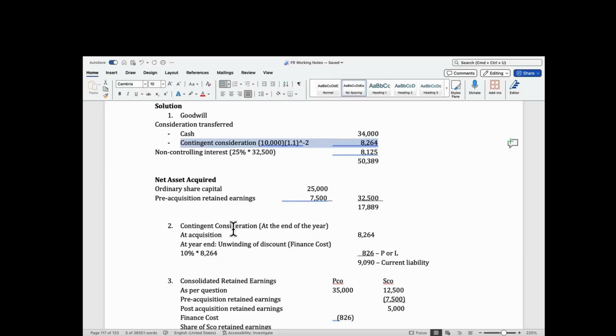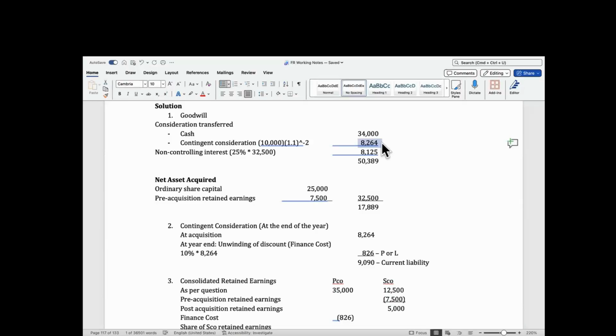So anytime we discount to present value, it's only accounting for time value of money. The future value is 10,000, we discounted by 2 years. At the end of each year, there's something we call unwinding of discount.